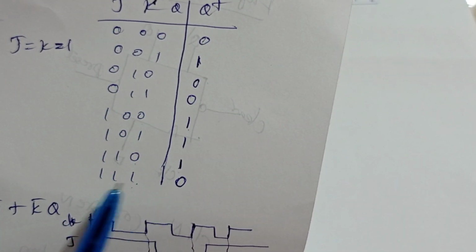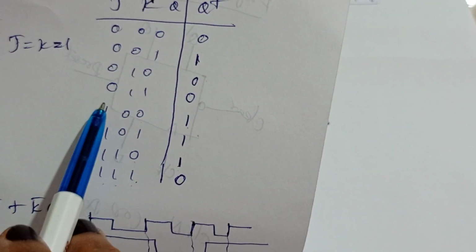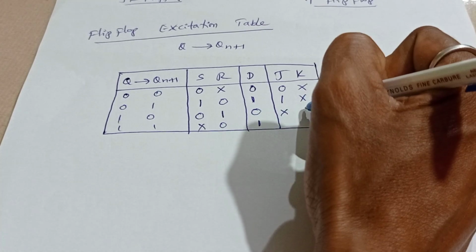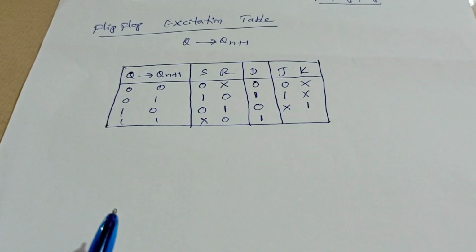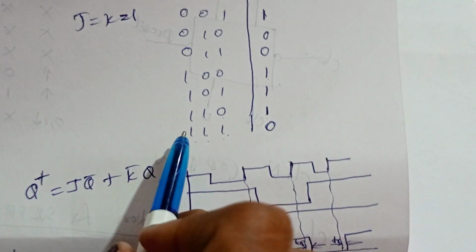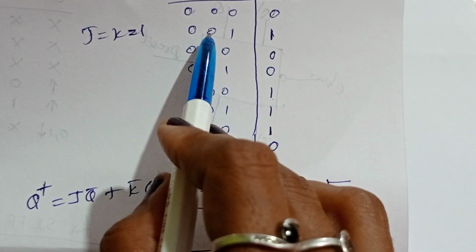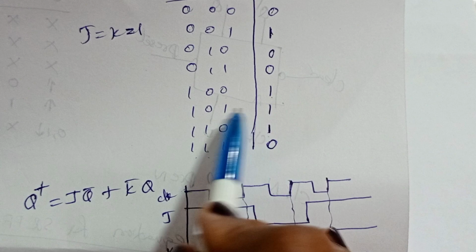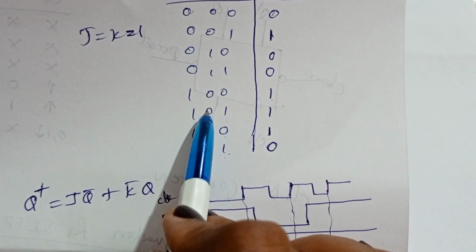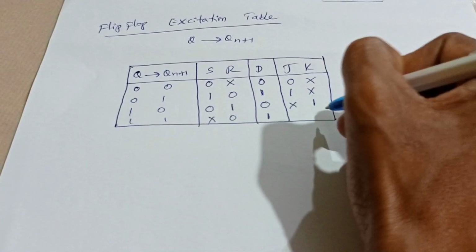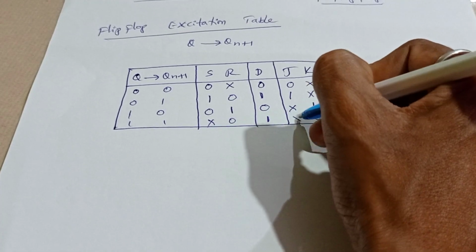That means 1 is constant and J value is changing. So for J place don't care and 1 for K. For 1 1, 0 0, 1 1, 1 0. That means K value is 0, J value is changing. Place don't care.